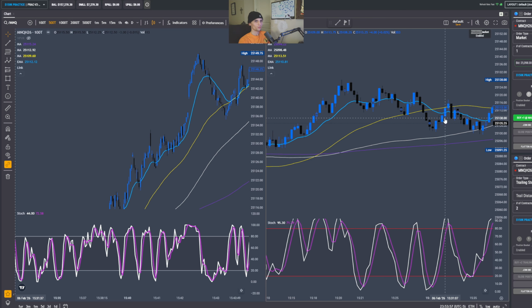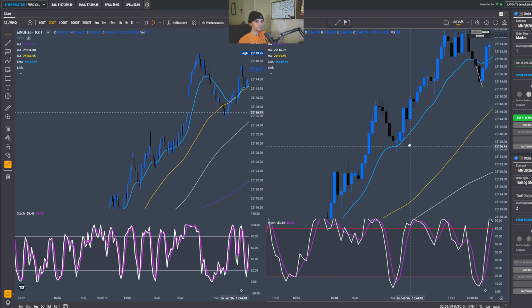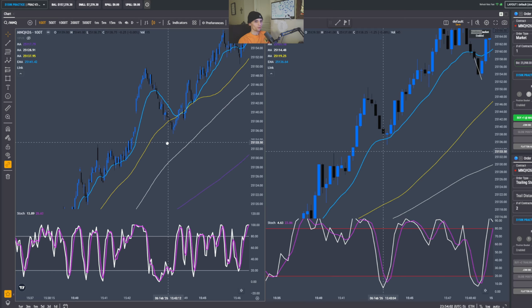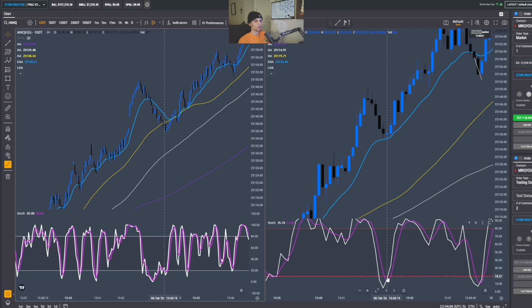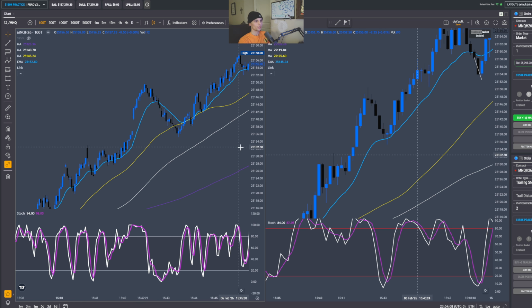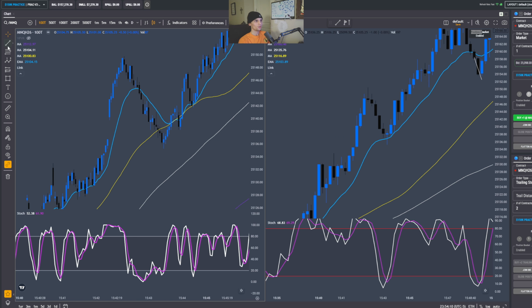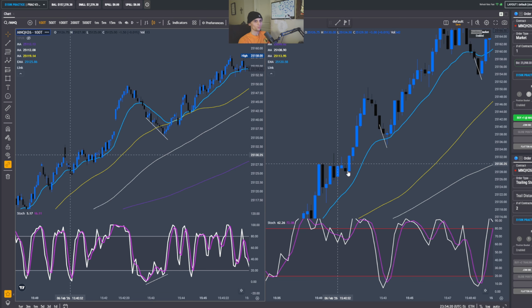and a pretty good uptrend. If you look right here, we get a swing low on the 500 tick with the hook, and also at the low we have divergence of the price on the 100 tick, stochastic versus price right here, and we're getting the hook on the 500 tick. We get the hook a little bit after right here on this bar.